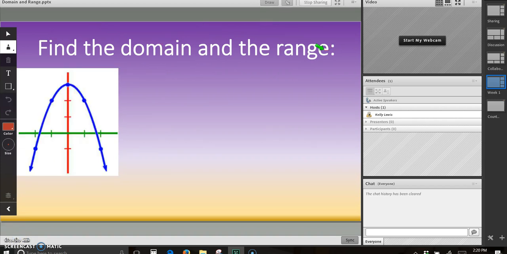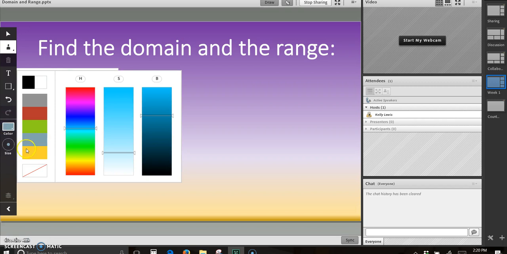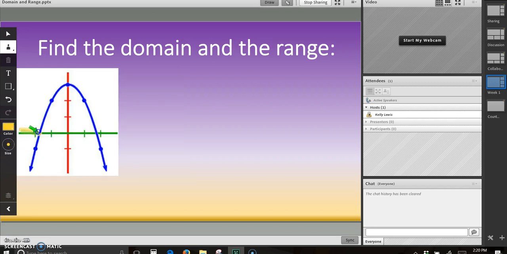All right, let's do this one. Domain, left. Oops, wrong color. We have an arrow, so negative infinity. And then we keep coming, and we have another arrow, so it's positive infinity. Infinities always have parentheses.